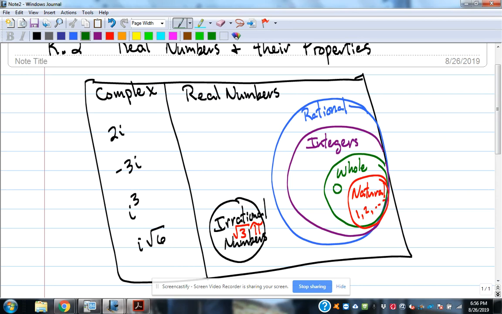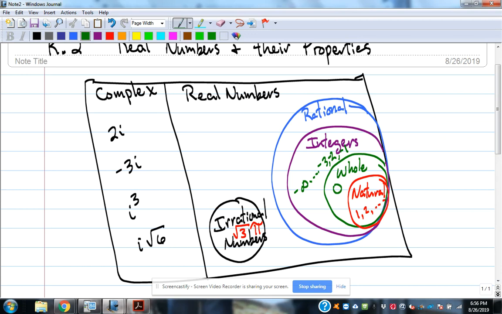The negative natural numbers are what the integers add to the game. So we've got -1, -2, -3. No decimals, no fractions yet, but the negative numbers. The rational numbers are where the fractions and the decimals come in. So here's what happens: if you're the number 5, you're a natural number, but you're also a whole number.